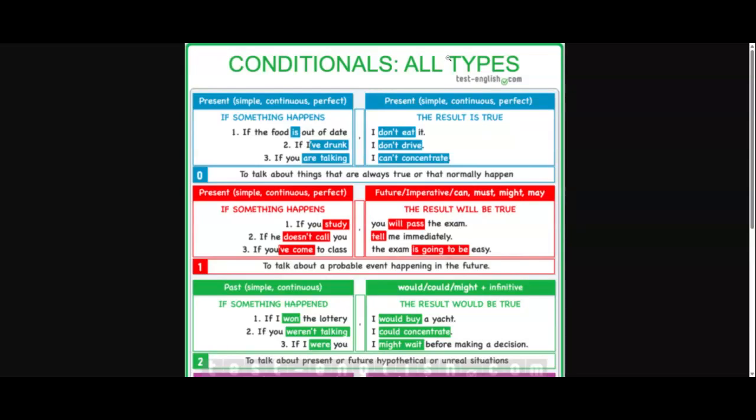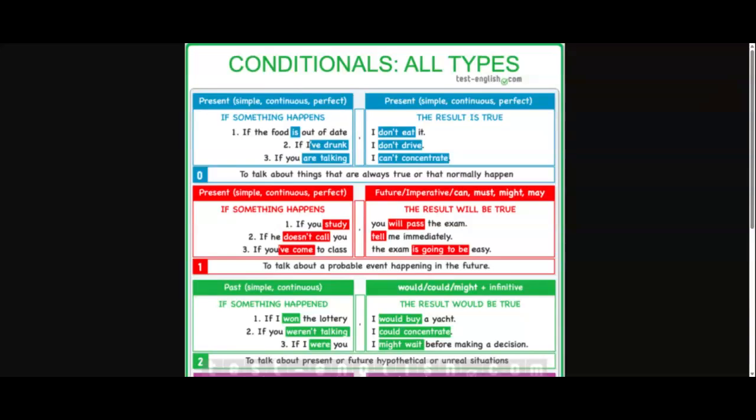Okay? In this case, it's important to remember that conditionals are complex sentences. It means that those sentences are composed of two sentences. It's a subordinating relationship because we have the main sentence and we have the subordinated sentence.